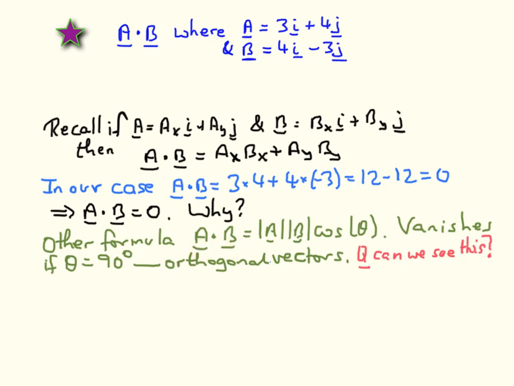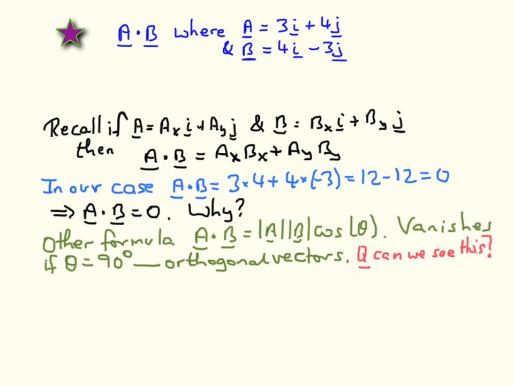Now, we remember that the cosine of 90 degrees vanishes, so this tells us that the scalar product of two orthogonal vectors, vectors separated by an angle of 90 degrees, is going to vanish. So the question is, can we see that these two vectors point in directions such that they are separated by 90 degrees? And I'm going to show that on the next slide.